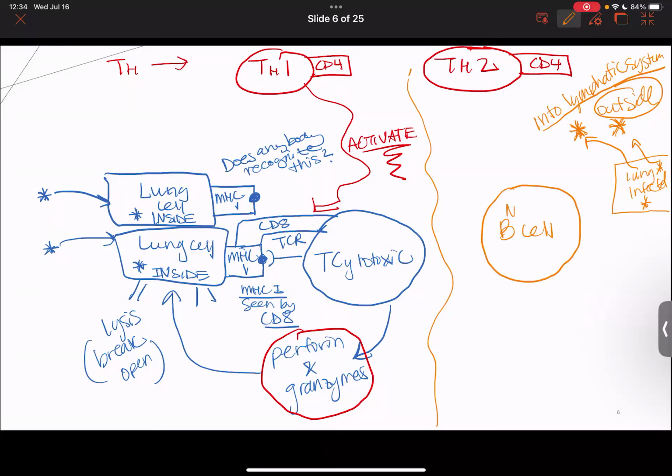And it's naive. It's never been activated before. And it's got what looks like an antibody on its surface, which we know as the B cell receptor, also known as IgD, a type of immunoglobulin that acts as a B cell receptor. And it sees that virus.